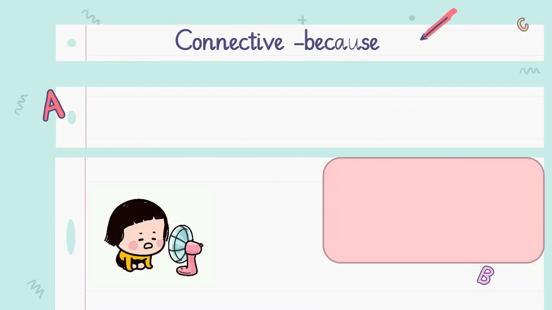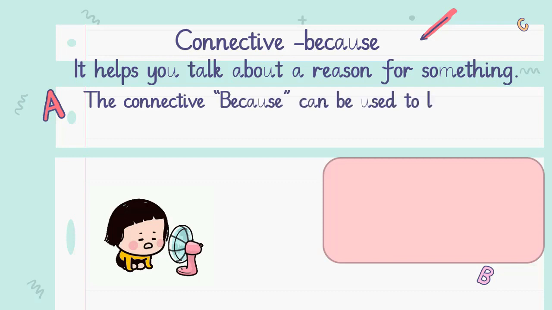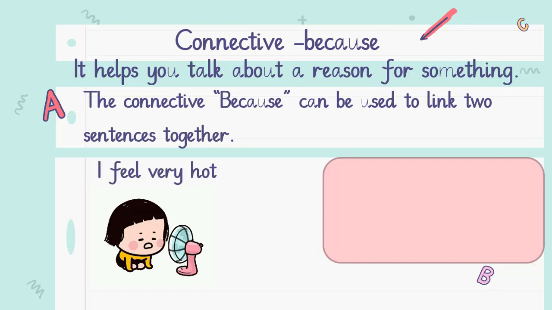Let's see how we can use the connective because between the sentences. It helps you to talk about a reason for something. The connective because can be used to link two sentences together. For example, we have two sentences. I felt very hot. I was running in the sun.